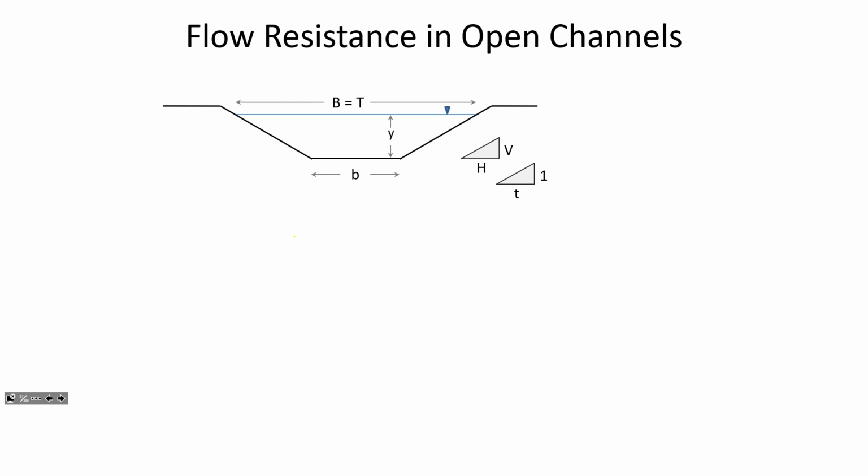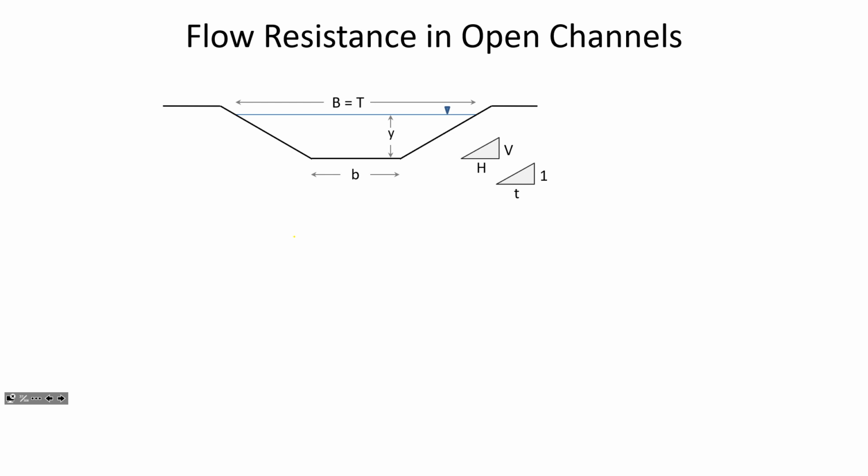And so this is a front view of water flowing through a channel where the top width is greater than the bottom width. And the reason why trapezoidal channels are so common is that soil will cave in if you try to make a perfectly rectangular channel like this.